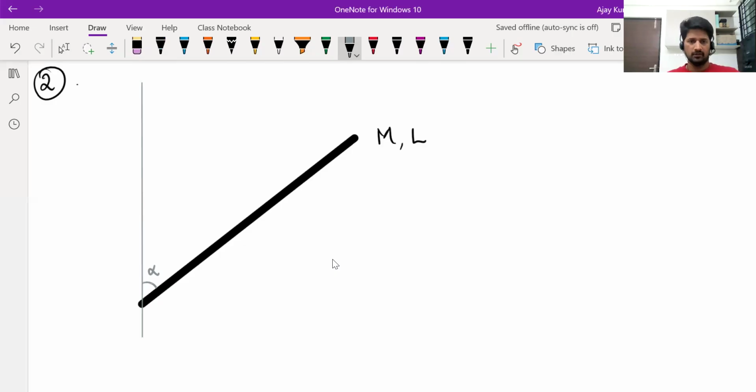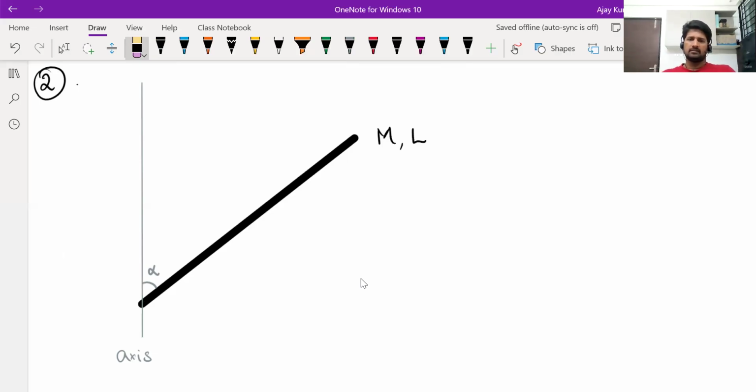It's not perpendicular. Or you can say the axis is passing through one end of the rod, but it's not perpendicular to the rod. The axis makes an angle alpha with the rod. The aim now is to derive the moment of inertia about this axis.